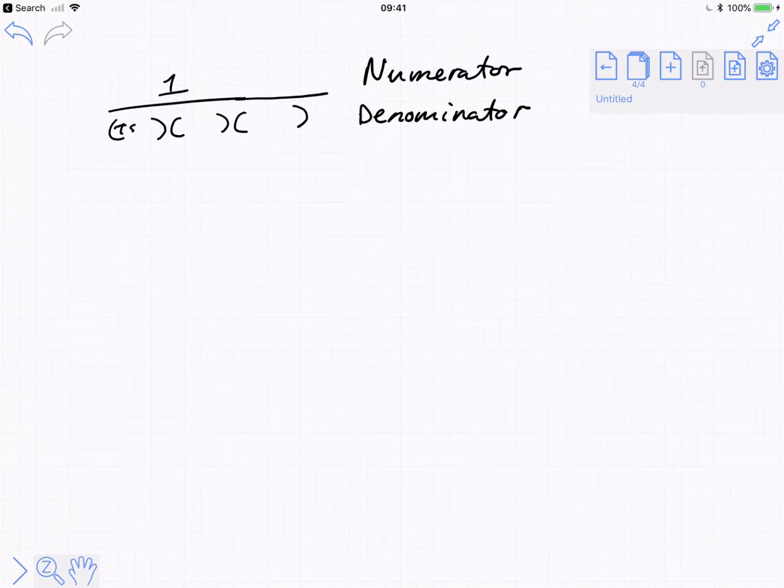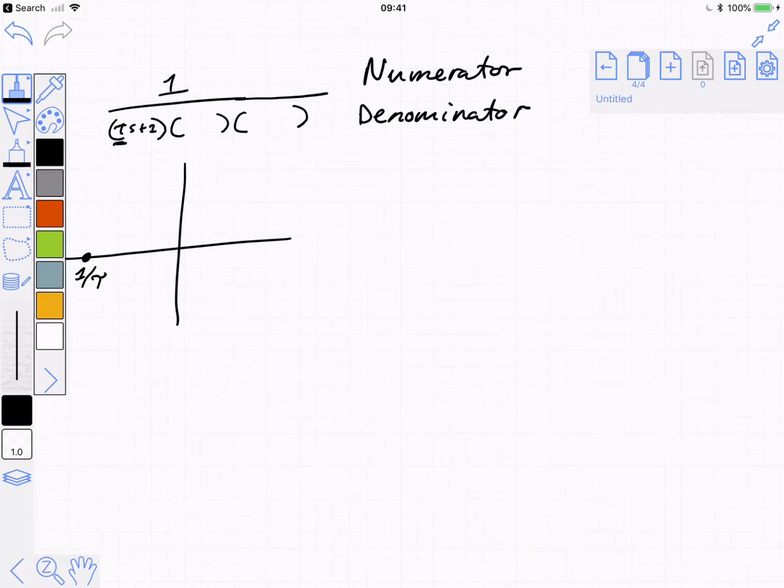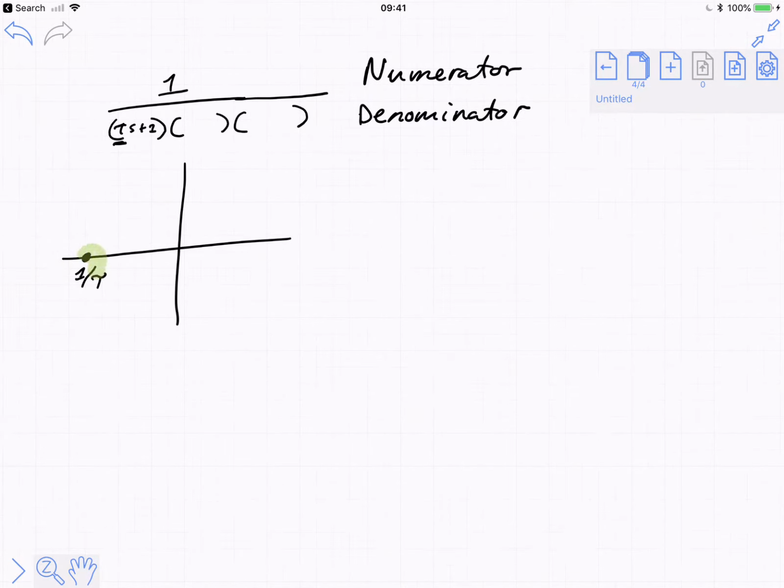And the various time constants that we can factor out there, if we can factor the denominator into terms of that type, which have real time constants, then we will have a root at that point which is associated with that factor. Right, so we have a real root of 1 over tau, which is associated with a time constant of tau.